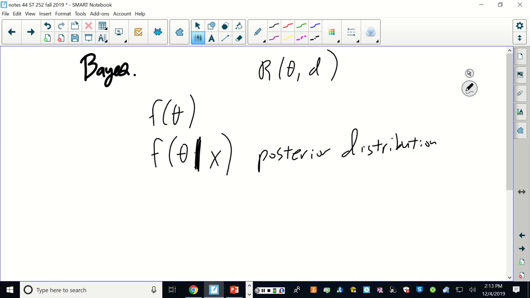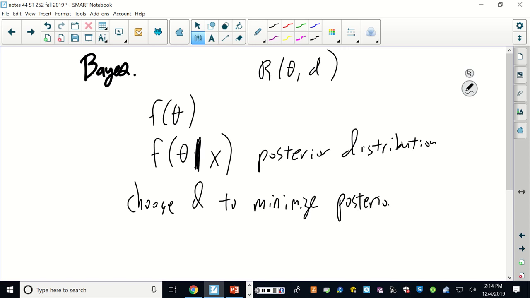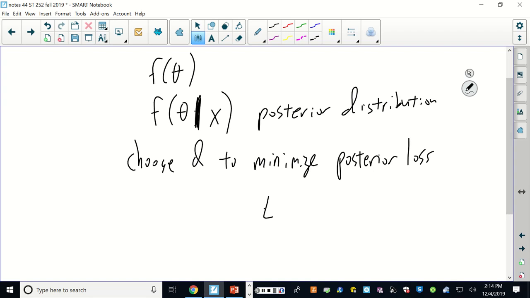So the decision theory combines what we did with Bayes with costs associated with decisions, with losses. Bayes would choose the decision rule to minimize the posterior loss, or the expected loss under this posterior distribution.